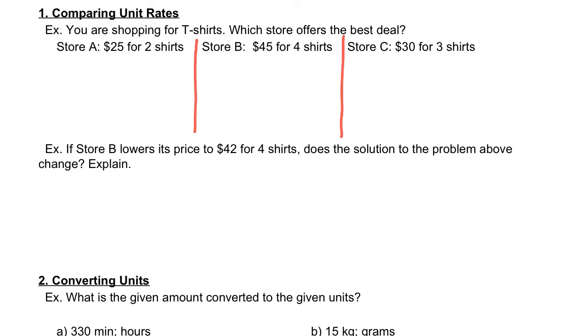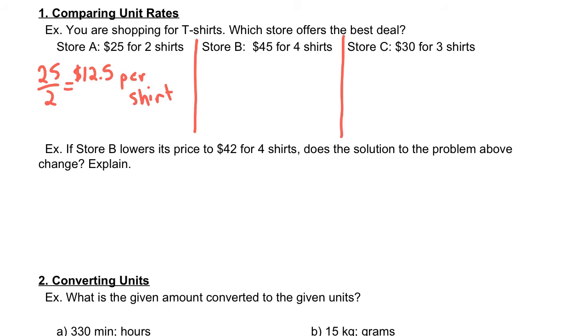In store A, it costs $25 for 2 t-shirts, so that unit rate would be $12.50 per shirt. It costs me $12.50 to buy one shirt.